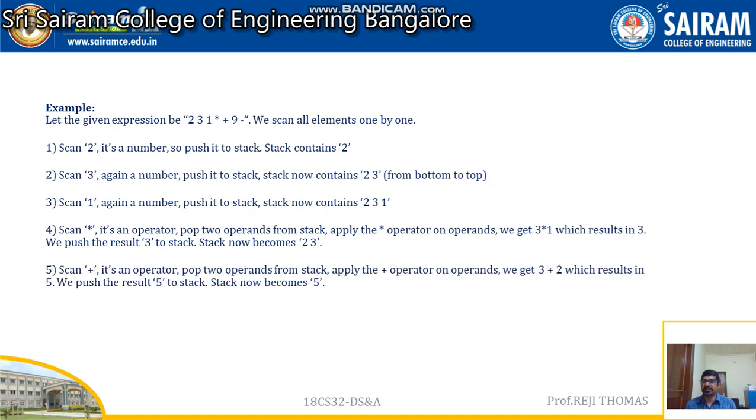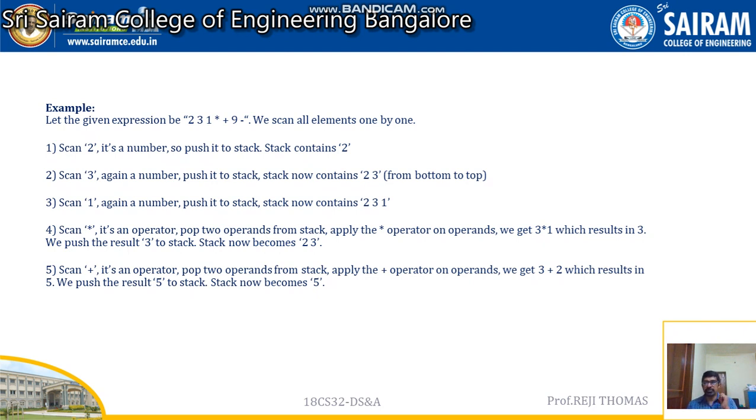Next, when you scan, you will get plus. So it's an operator. You have to take out 2 operands from the stack, and 3 being the topmost element is going to be your operand number 2, and 2 is the next element on the stack, which is going to be your operand number 1.